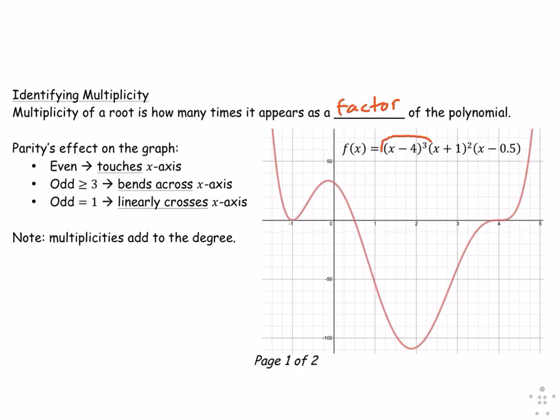Well, right here you have 3 of these multiplied together, each containing a copy of x to the first power. So that would be 3 for the multiplicity of that factor, 2 for the multiplicity of that factor, and a multiplicity of 1 for that factor. So 3 plus 2 plus 1 means that the degree of this polynomial is equal to 6.